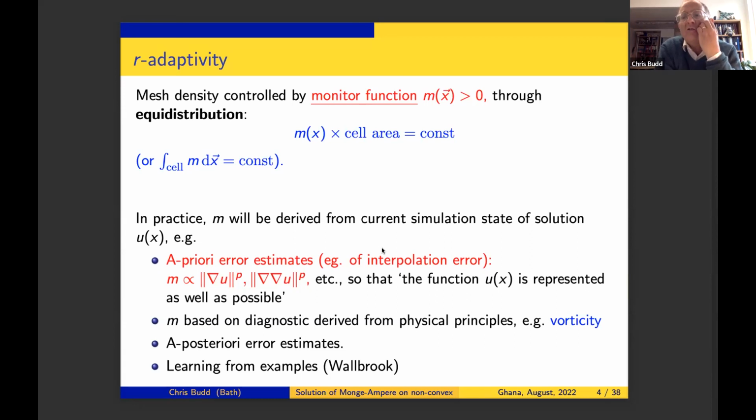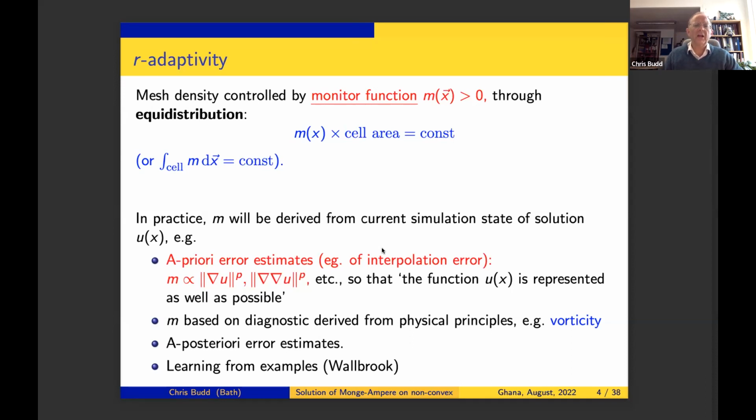So if you interpolate a solution with piecewise constants, then the a priori error is proportional to the gradient. And if you approximate the solution with piecewise linears, then the interpolation error is proportional to the curvature. So you might want the monitor function to be the norm of the gradient to some power, or the norm of the curvature to some power. So if that's your monitor function, that would ensure that the function u is represented well in some sort of interpolation sense. Okay, so that's one method.